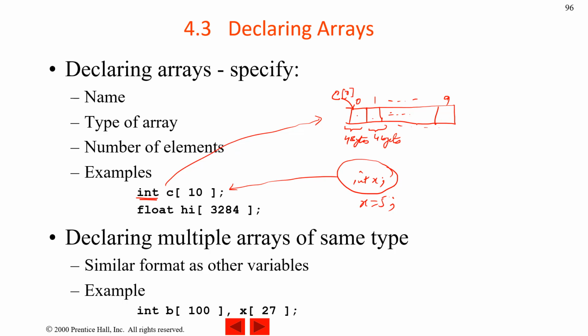What are these 10 elements? We can either do that directly. For instance, this could have been int x is equal to 5, where I am declaring and defining in the same statement. Here I am declaring separately and defining or initializing separately.